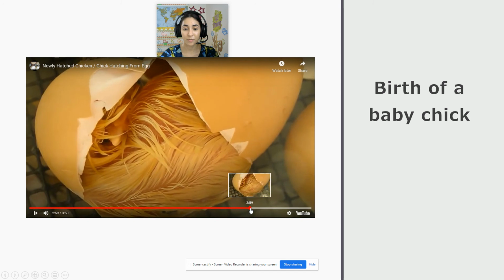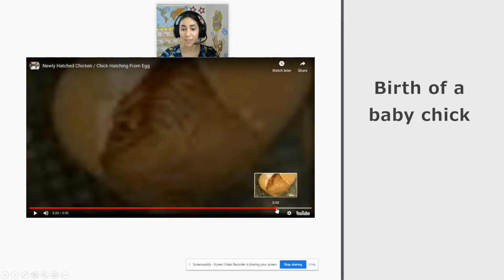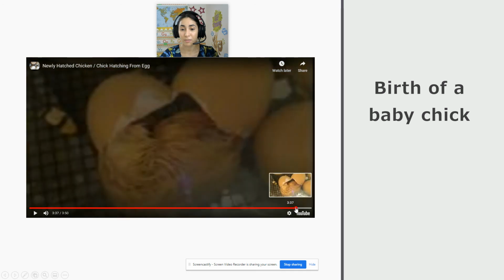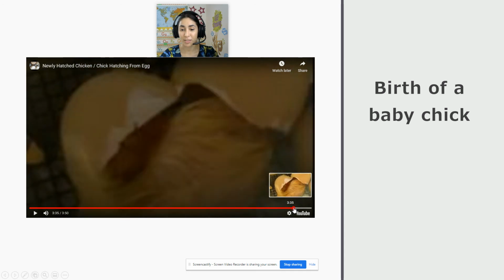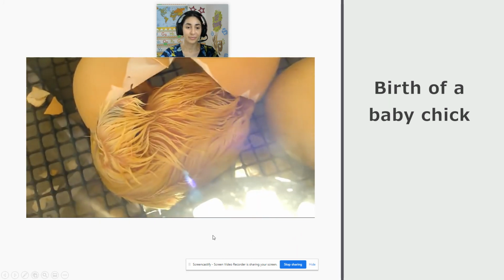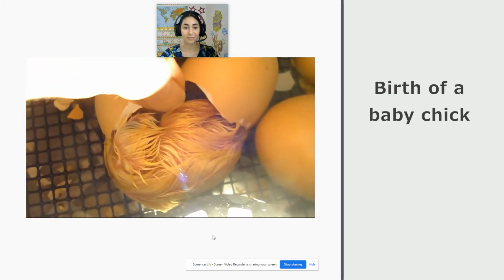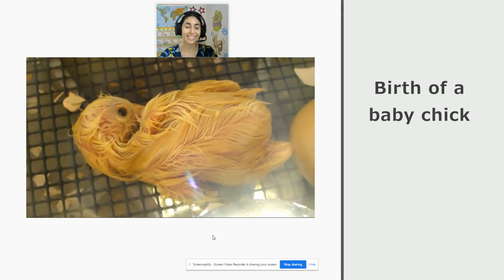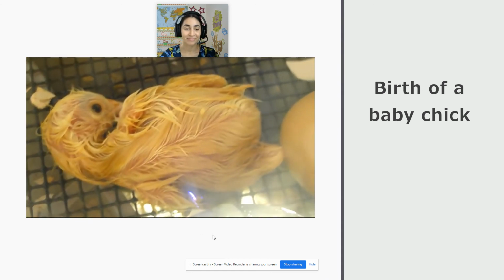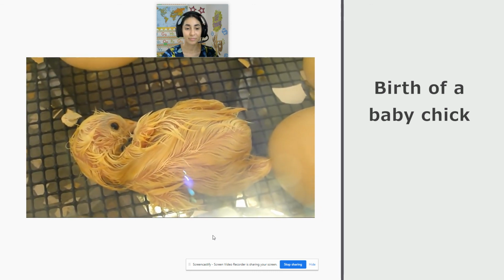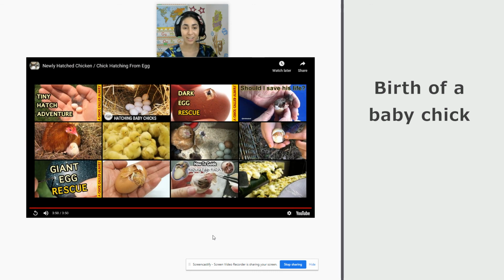And then finally, I think this part is the end. There you go. So that's the birth of a baby chick.